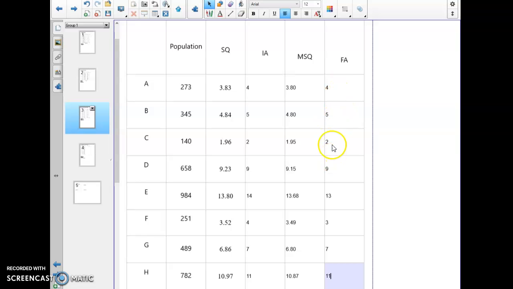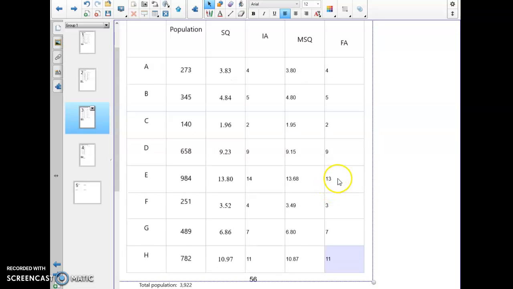4 and 5 is 9, and 2 is 11, 11 and 9 is 20, 20 and 13 is... I'm sorry, this should be 14.